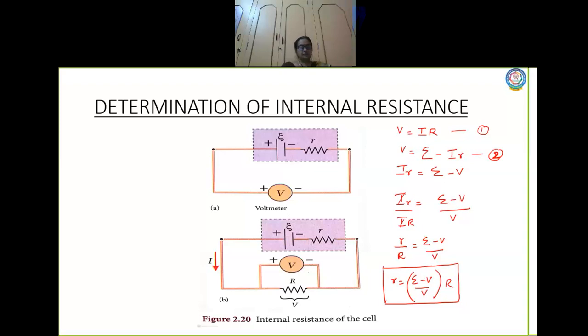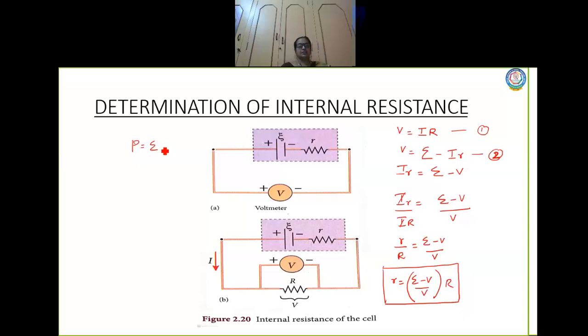For a battery of EMF psi with an internal resistance r, the power delivered to the circuit of resistance R is given as, what is the formula for power? We know the formula for power as V into I. Last topic we read, power formula is V into I. Now instead of V, I substitute psi, because it is a battery whose EMF is psi.